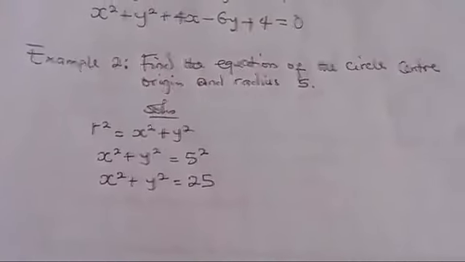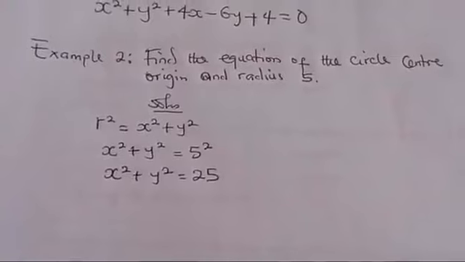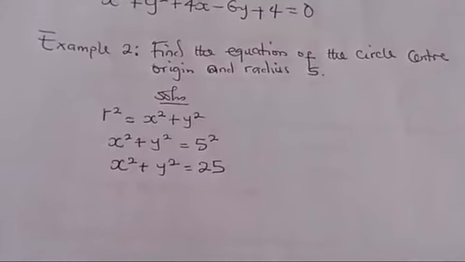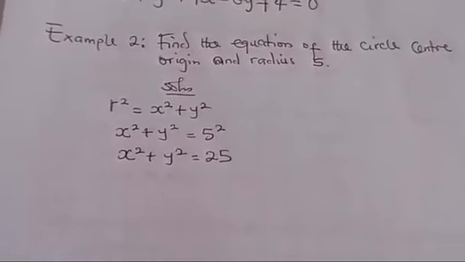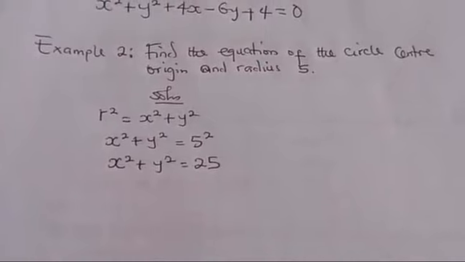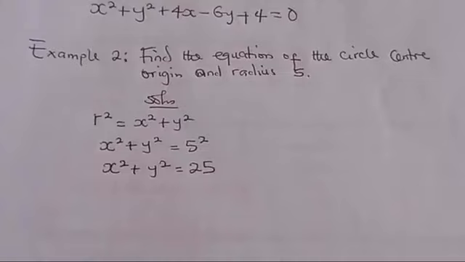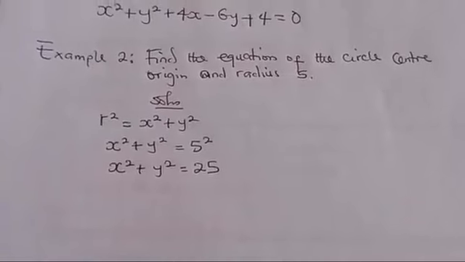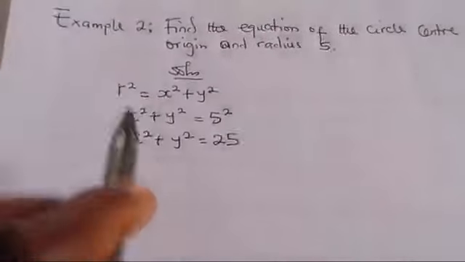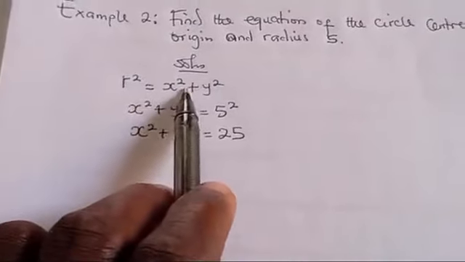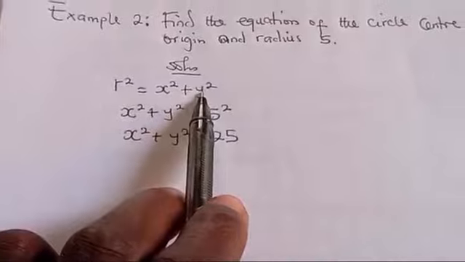So there are some instances where the radius and the center of the circle will be given, and your responsibility will be to find the equation of that circle. In this case, the center of the circle is the origin. So we'll go straight and work with r squared equal to x squared plus y squared.